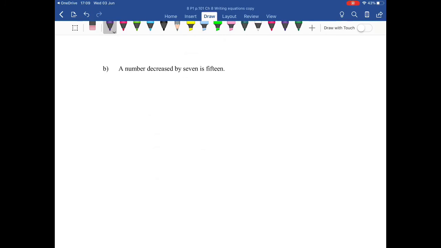A number, I can use any lowercase letter, but we don't want to use O, because it looks like a 0. If I use an L, it looks like a 1. I is also not a good one. So anything else. So let's take J. A number. We don't know what it is, so we're going to call it J. Decreased means to subtract by 7.